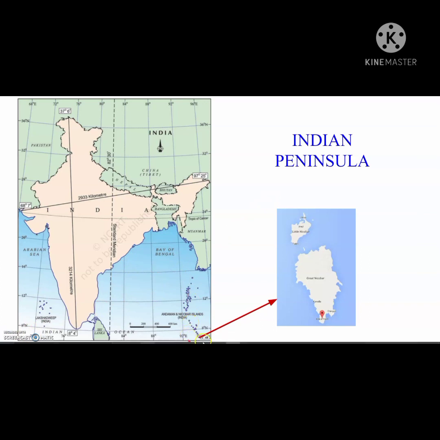Identify Indira Point on the India map. What is special about this? Indira Point is in the Andaman and Nicobar Islands. It is the location of the southernmost point of India's territory.